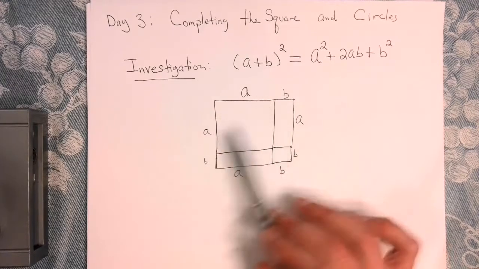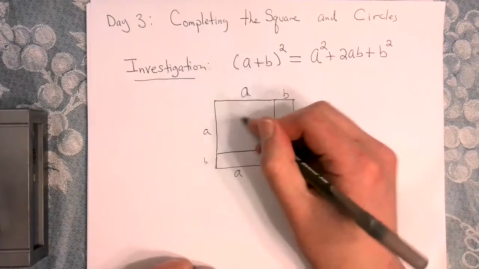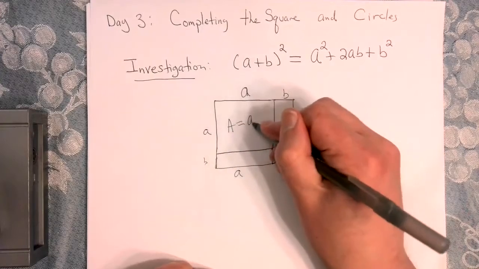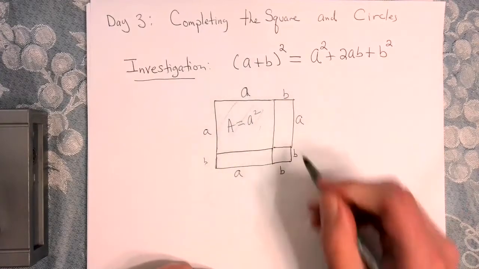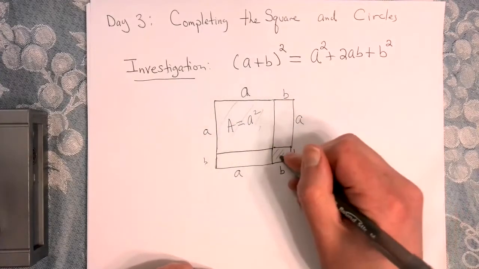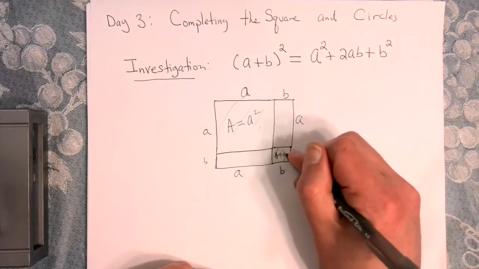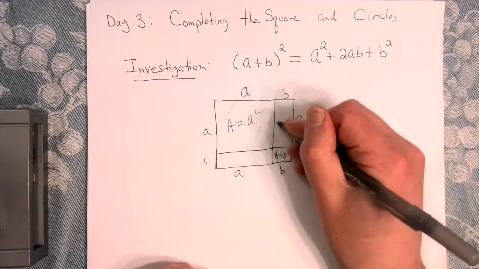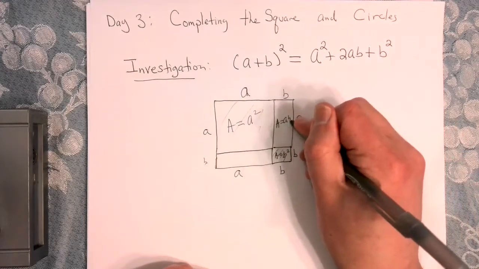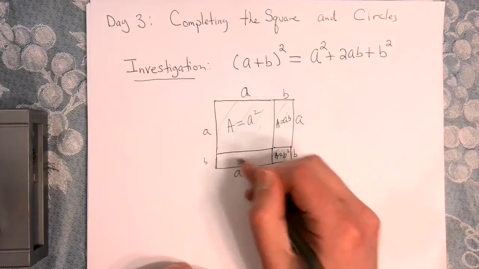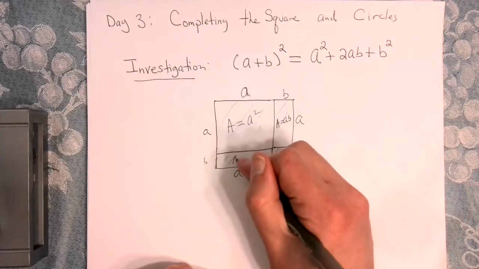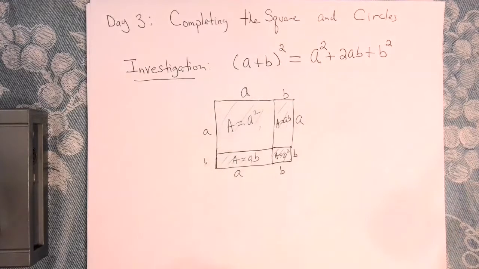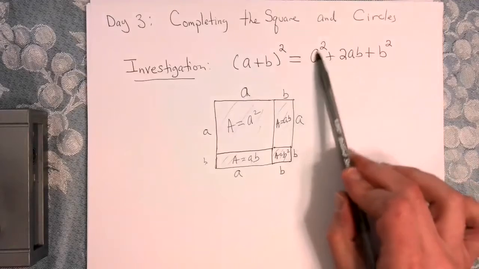And again, I want you to think about this in terms of areas. So this right here, the area would be exactly a times a. So that'd be the area of this. The area of this would be, of course, b times b, which is b squared. The area of this would be a times b. And so the area of this would also be a times b. And notice if I add them all together, I get exactly this.